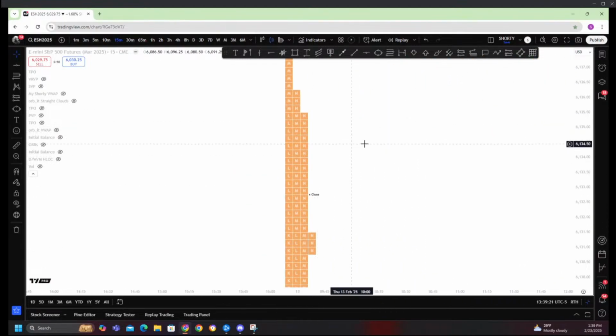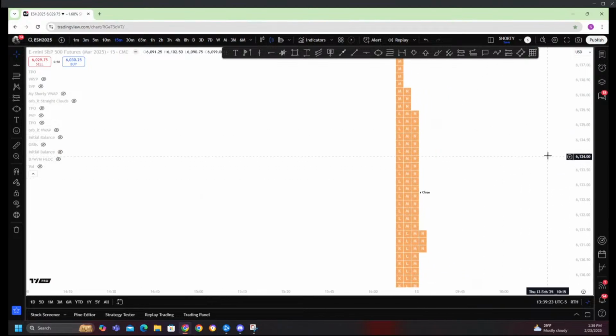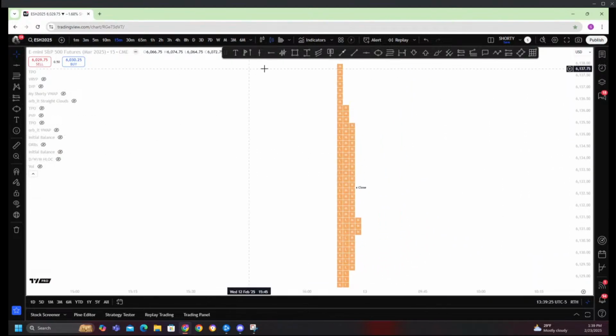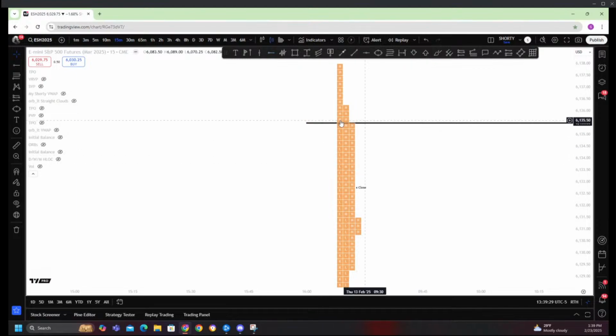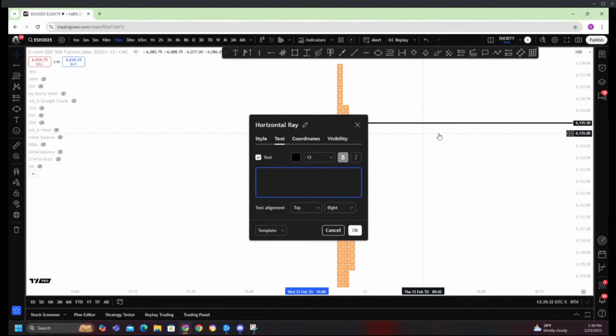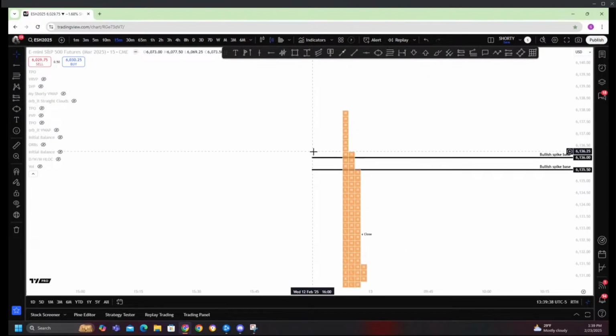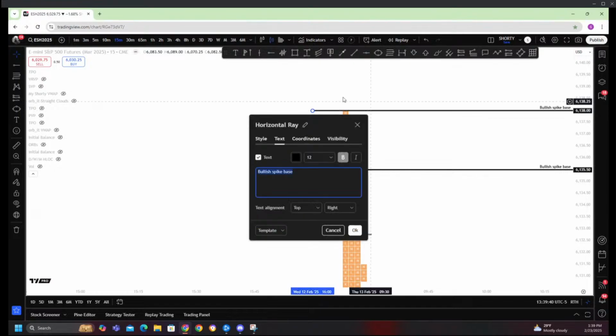So where did the bullish spike start, which was the L period? You guys remember? Actually, I think we traded this. So this is your bullish spike base. And then the spike base end would be here. Is that correct? Or PDL?